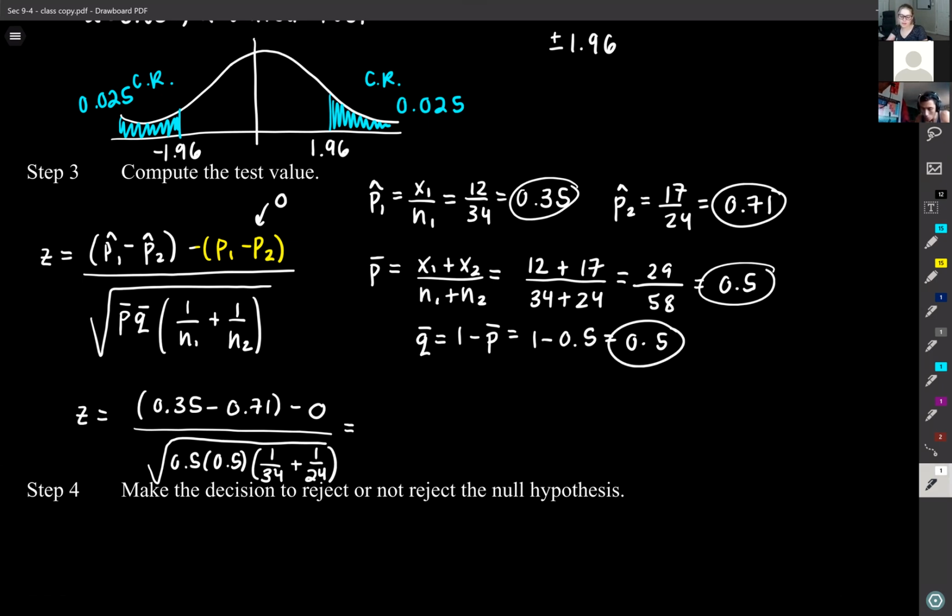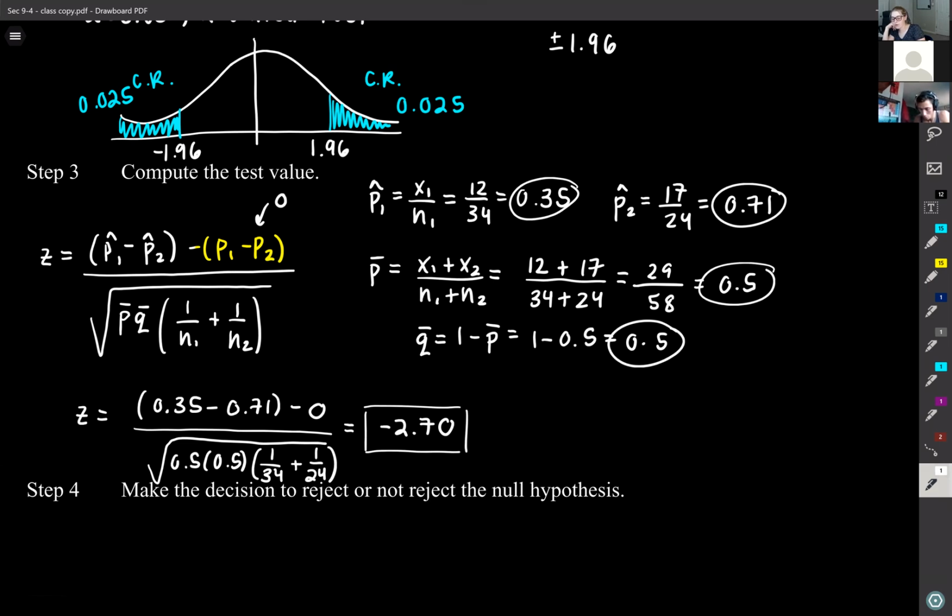Okay, and then to plug this into a calculator, all right, we should get negative 2.70. So that is our test value.